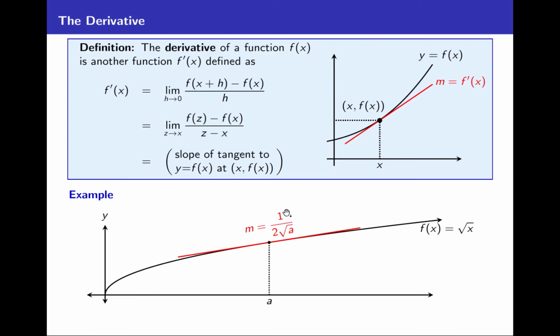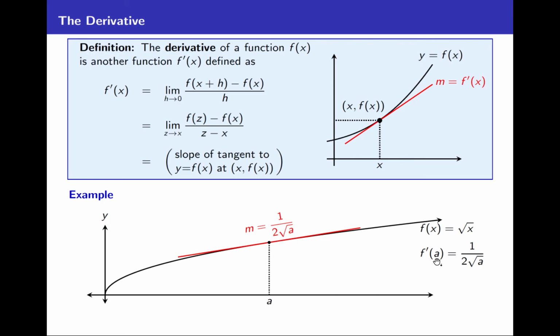So because this is a function of a, and it's giving the slope at the point a, f of a, this is the derivative. f prime of a is 1 over 2 square root of a. That's the rule for the derivative of the function f.